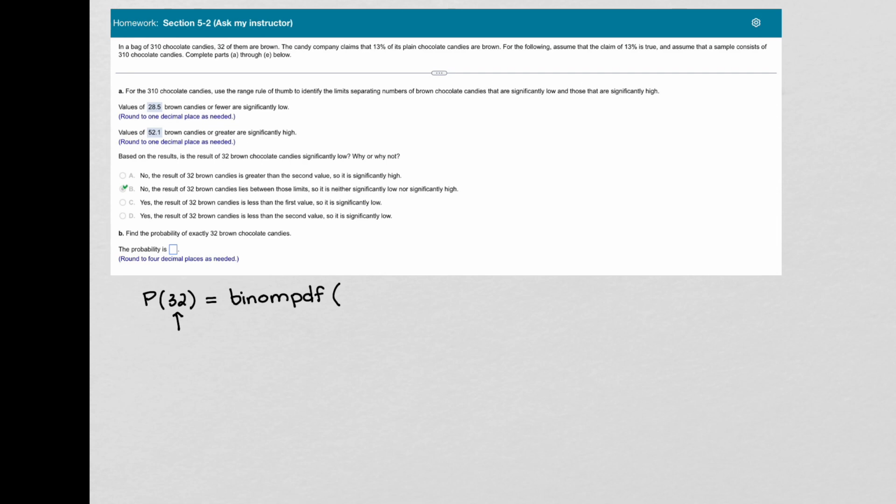The number of candies is 310. The probability of an individual success is 0.13. And we are looking for the probability of getting exactly 32 successes. So when we calculate this, we get 0.0261.